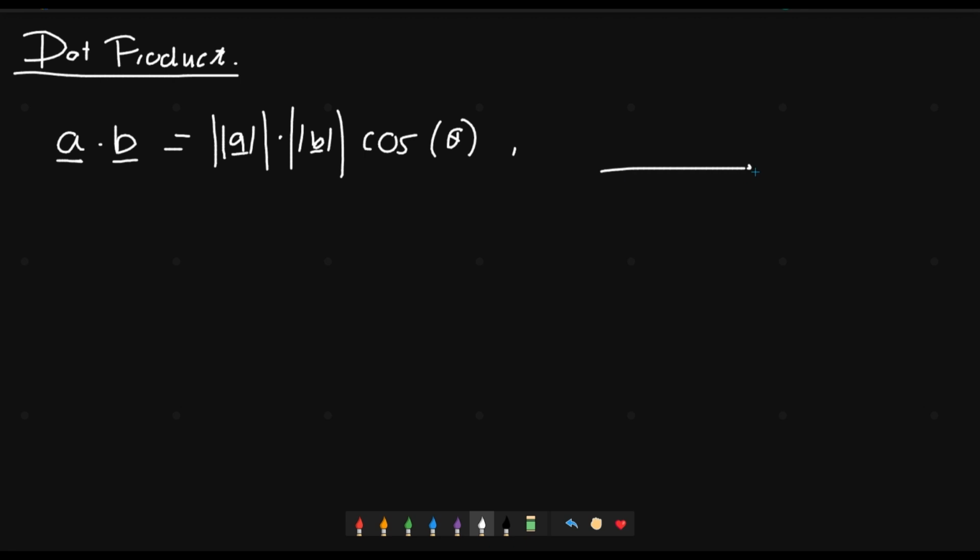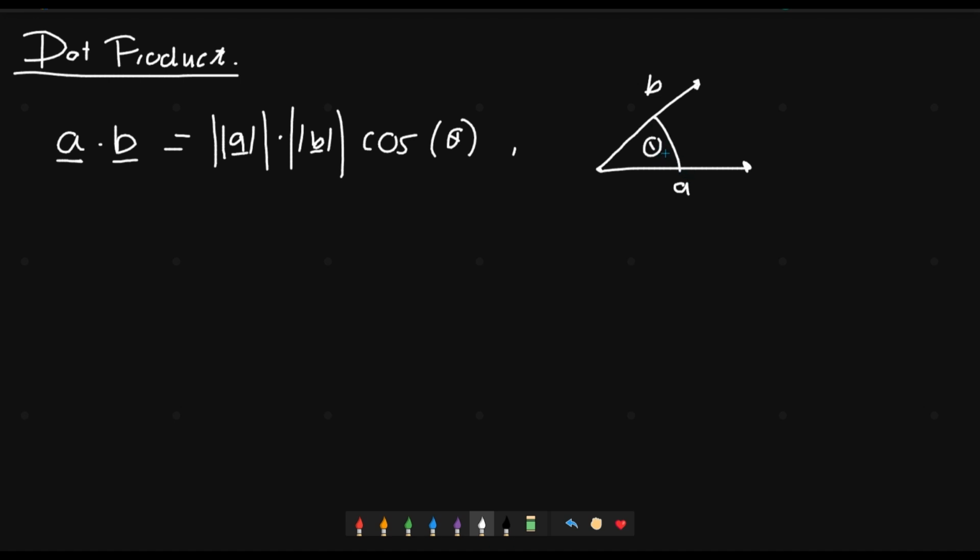So you have a vector going this way. This is A, another vector B. So it's the angle between their initial points. Okay, these are their initial points, and this should be theta here.